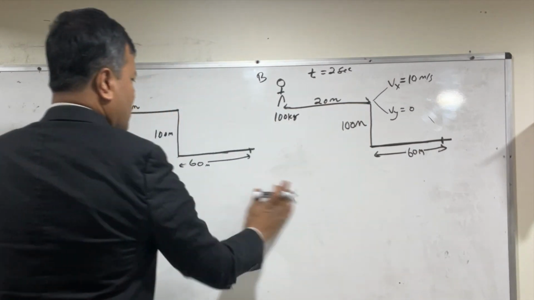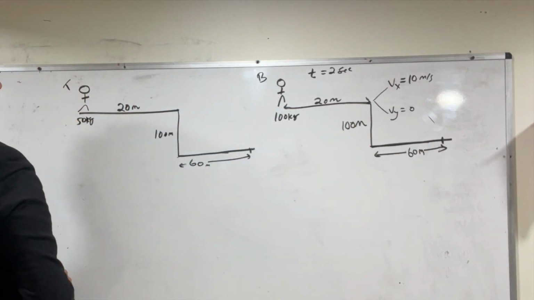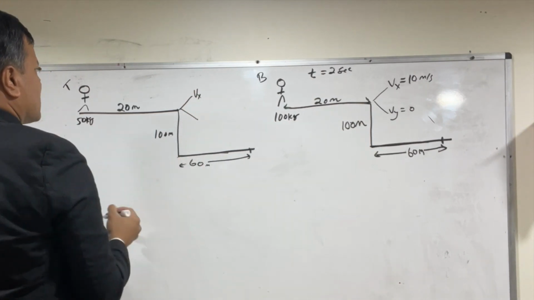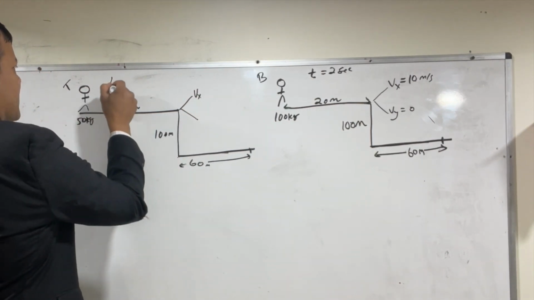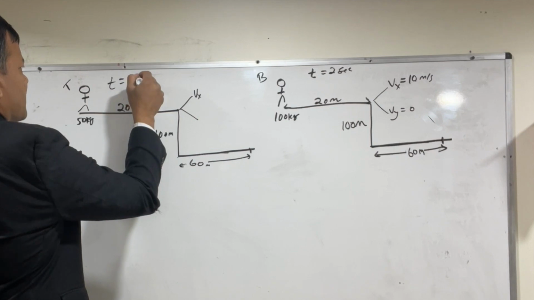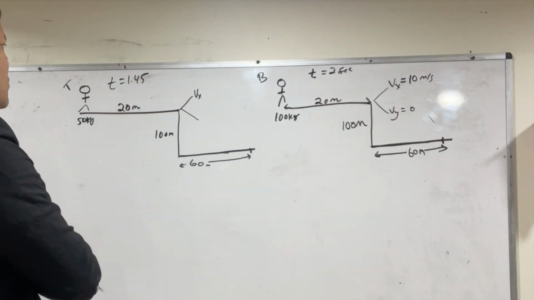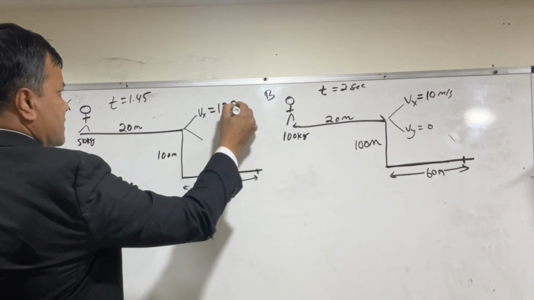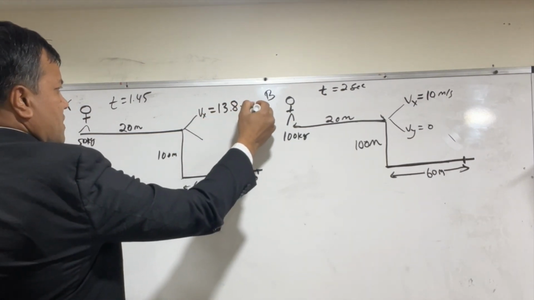Well, we can do both at the same time. For his horizontal velocity, he spent 1.45 second. So 20 divided by 1.45 is 13.8 meter per second.